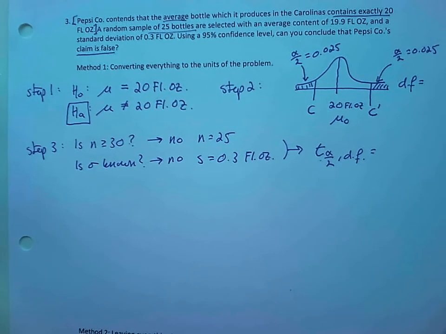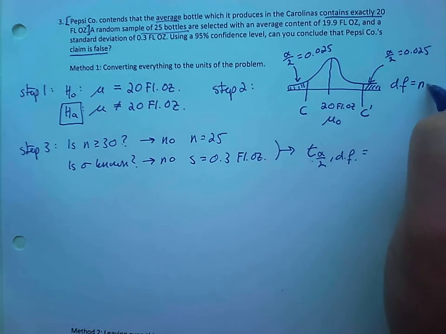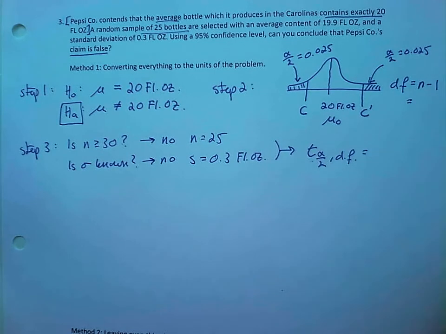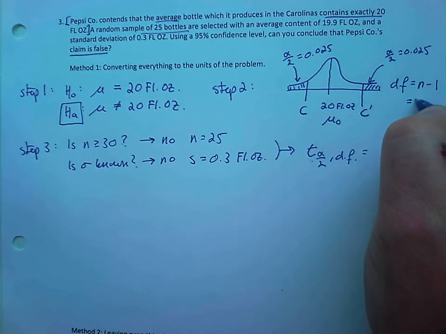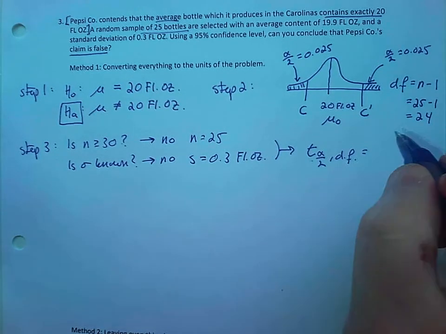And so far what we've been using for degrees of freedom is, I told you could remember that it's simply just our sample size minus 1, or little n minus 1. Again, we're going to change that in a future chapter, but for now you can remember it simply just as little n minus 1. We said that little n, our sample size, was 25, so therefore 25 minus 1 is equal to 24.